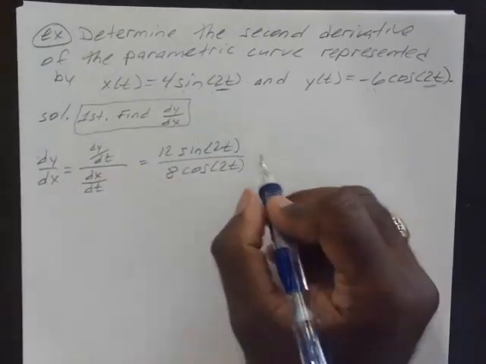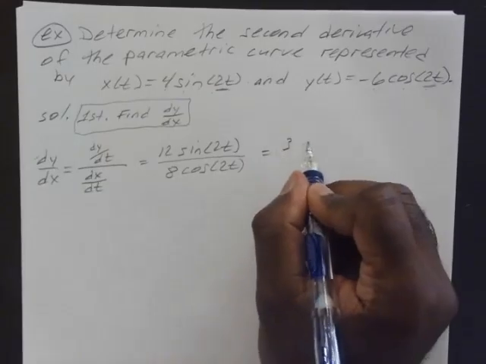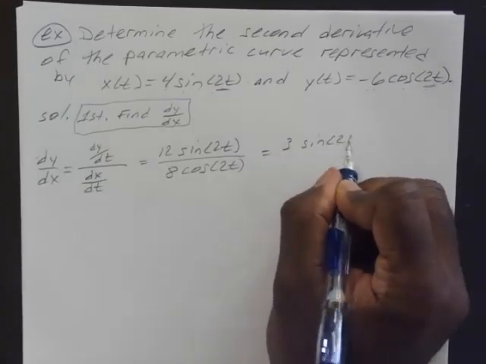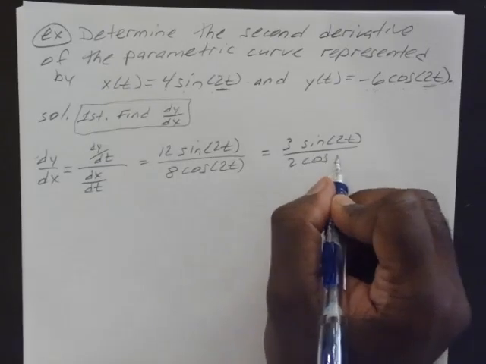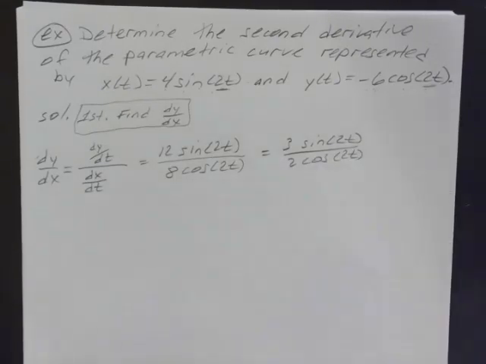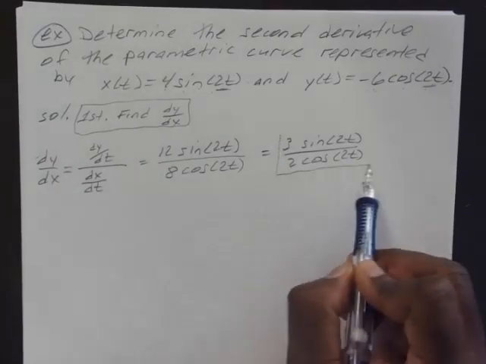Or we can simplify it and just make that 3 times sine of 2t divided by 2 times cosine of 2t. Okay, so we have our dy dx.